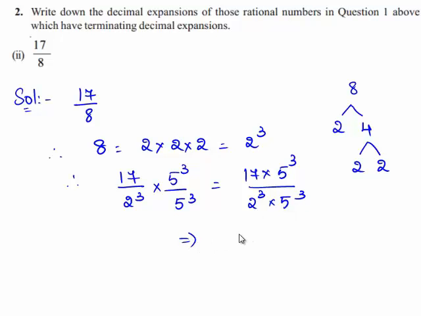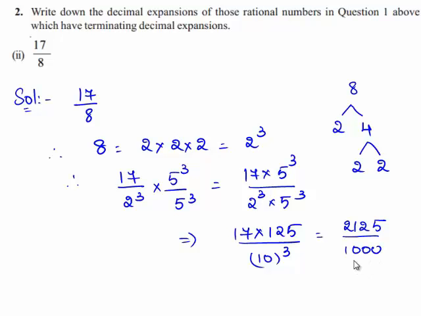This implies 17 times 5 cube is 125 upon 2 times 5 is 10, so 10 whole cube. Therefore 17 times 125 is 2125 upon 10 cube, that is 1000.